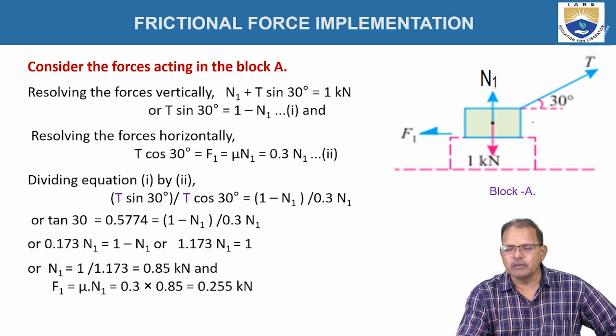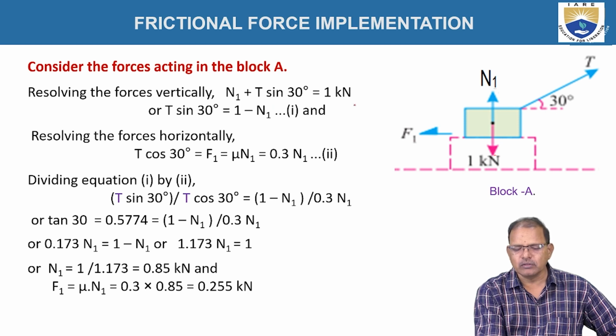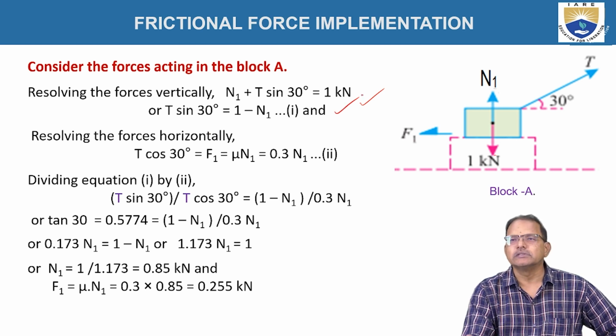Since the body tends to move toward the right hand side, the friction force F1 acts toward the left hand side as shown in figure. Now resolving the forces vertically, we get N1 plus T sin 30 equal to 1 kilonewton. From this relation we get T sin 30 is equal to 1 minus N1. It is represented as equation number 1.